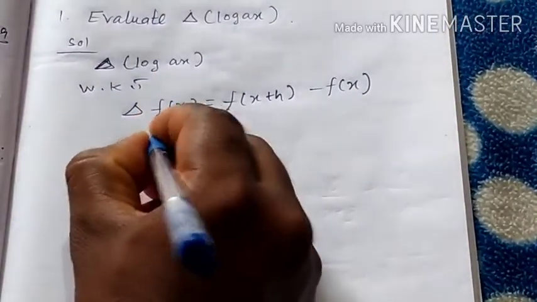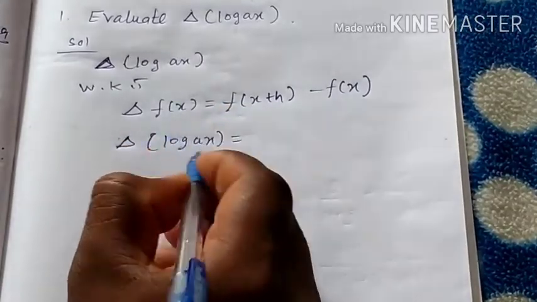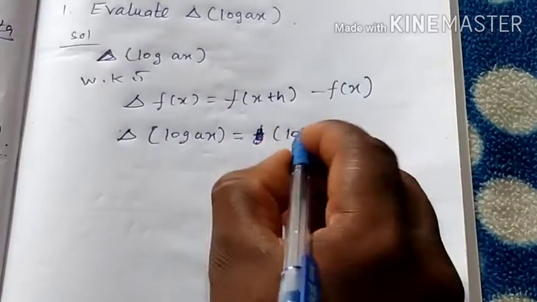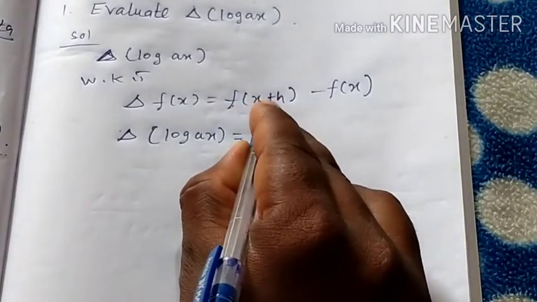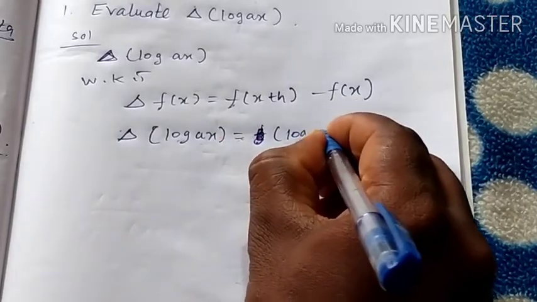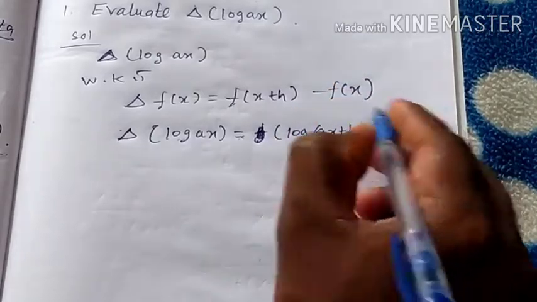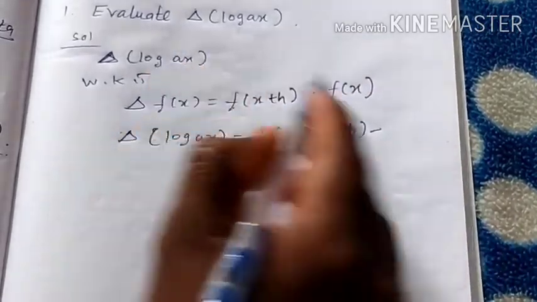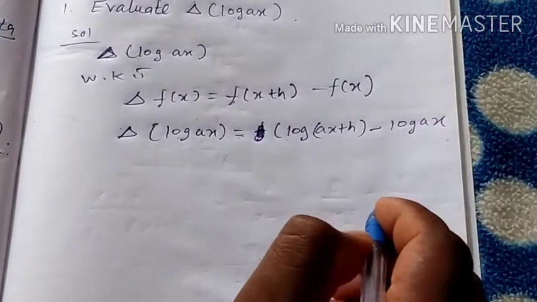So delta log of Ax equal to, the f of x is log Ax, f of x plus h, replacing x with x plus h, log A(x plus h), minus the given f of x, log Ax. Have you understood?